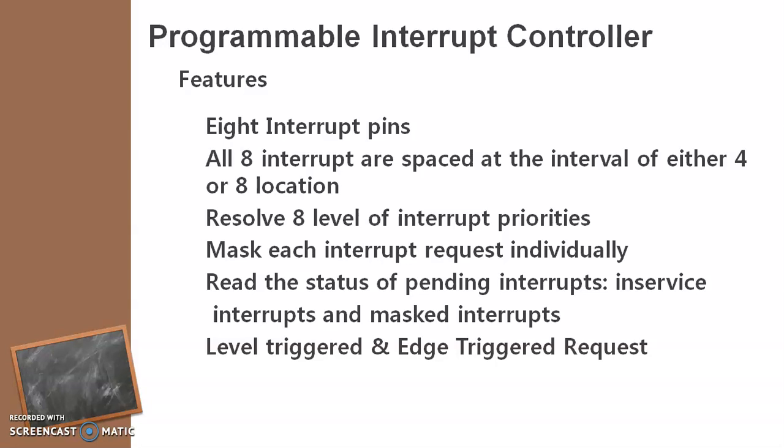You can mask each interrupt request individually and you can read the status of pending requests, because whenever an interrupt request is raised, it is put in the interrupt request register. If it is masked, it will not be serviced, but the request will be recorded in the register, which can be viewed. The interrupts could be level triggered or edge triggered requests, and the 8259 supports all of this.